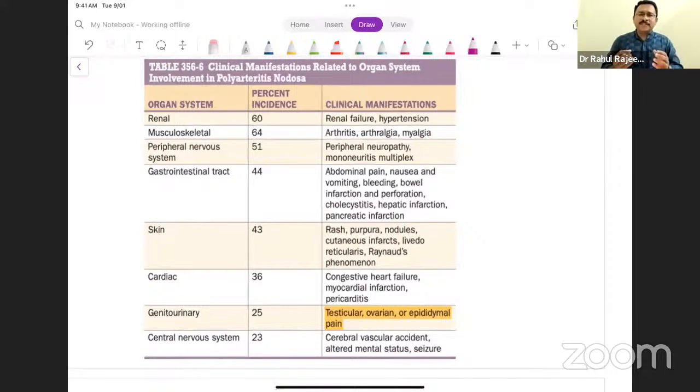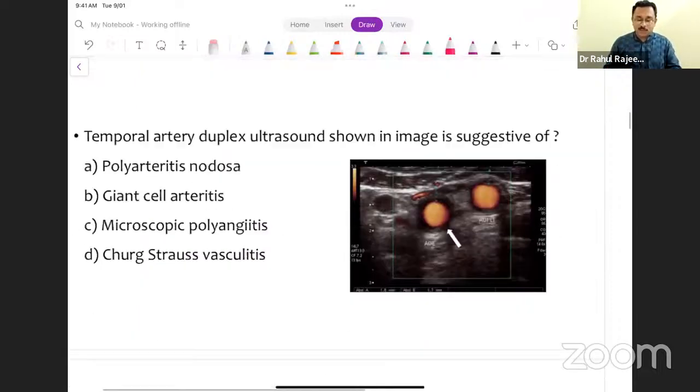The common manifestations in fact involve the renal vasculature, especially the renal artery, resulting in renal failure and hypertension. But a rare yet important manifestation is testicular, ovarian, or epididymal pain. For the entrance exams, this is important and has been asked before. Let's go to question number 2.